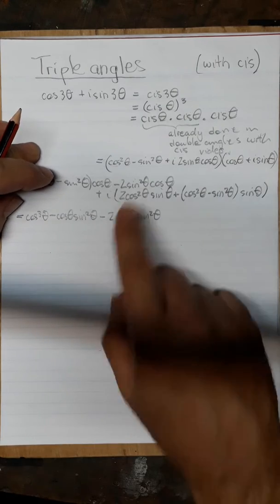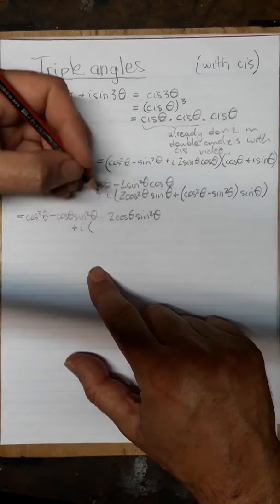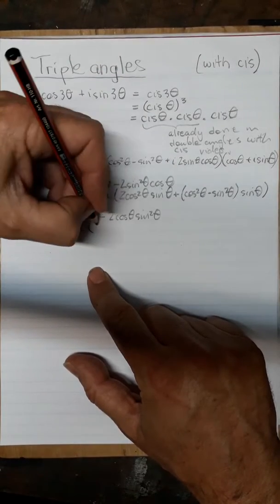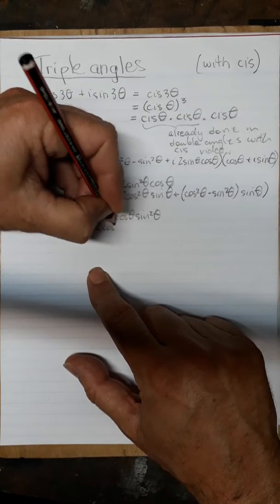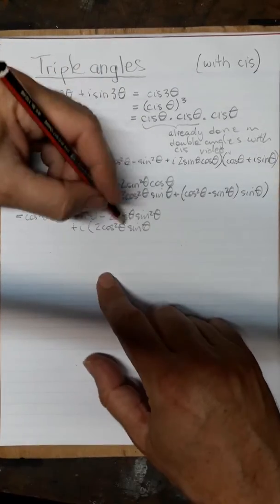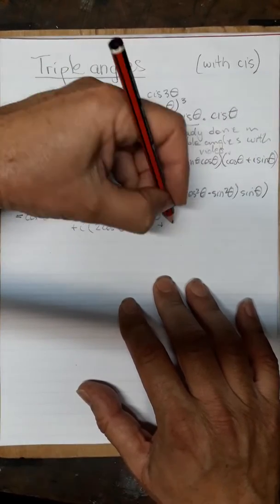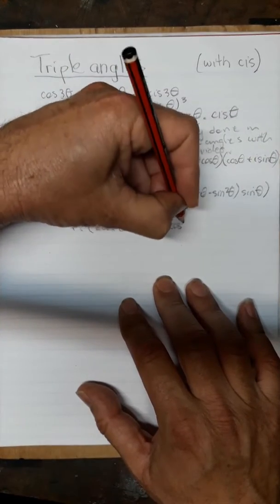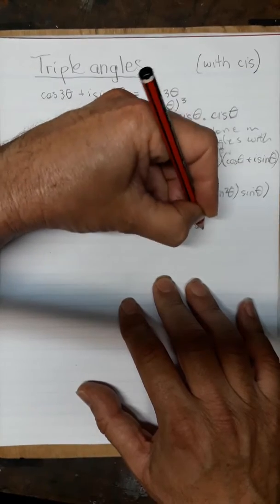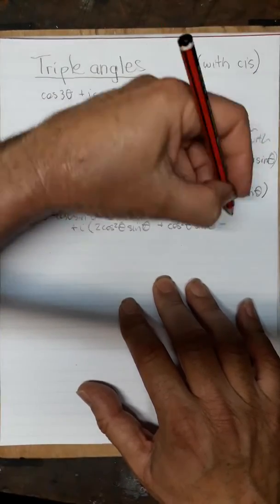And the imaginary part, plus i times 2 cos squared theta sine theta, plus cos squared theta sine theta minus sine cubed theta.